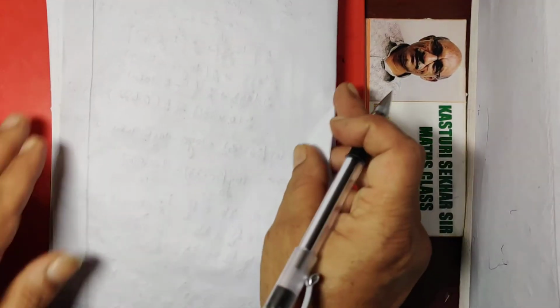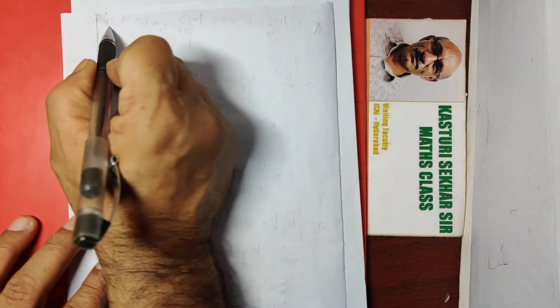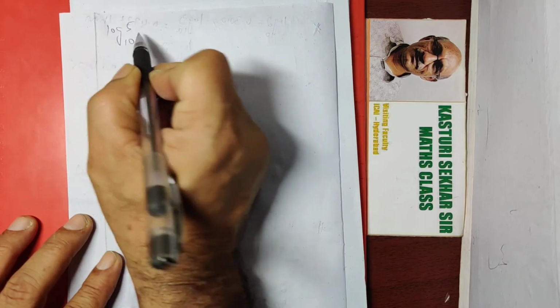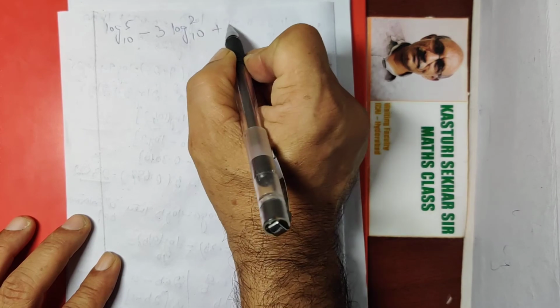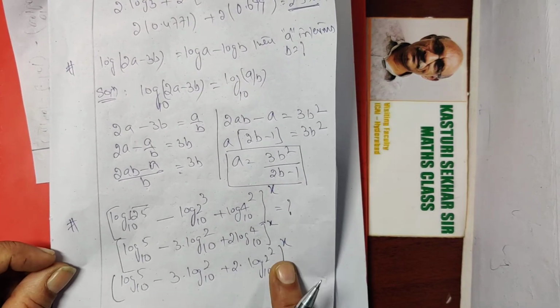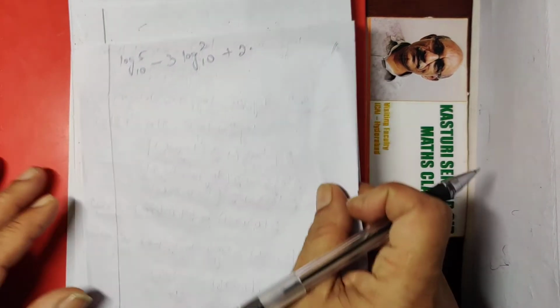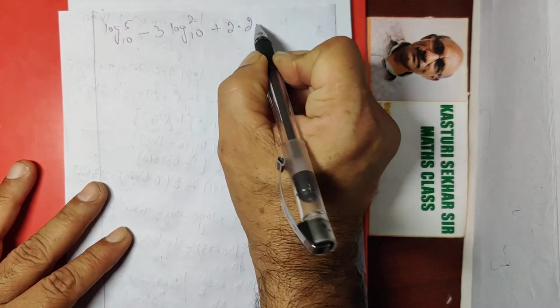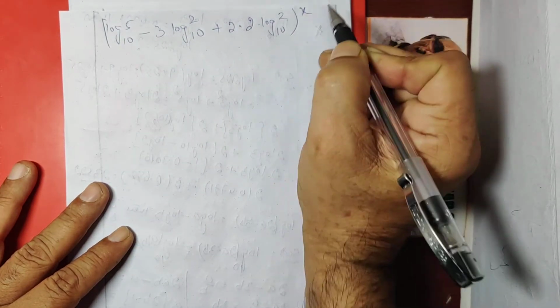So this is log 5 minus 3 log 2 plus 2 into, look at this, sir, log 2 square can be written as 2 log 2 because this is of the type log a power b. So this is equal to 2 into log 2 to the base 10, whole to the power of x.